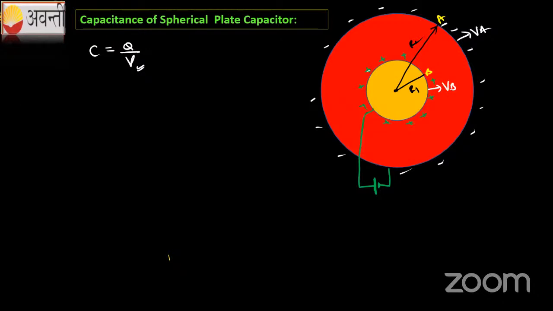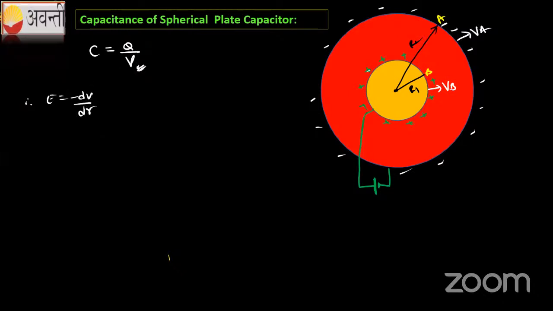We know one equation: E is equal to minus dV by dr. Sorry, it's my mistake. No problem. Relation between electric field intensity and the potential: E is equal to minus dV by dr. Now we can solve the potential difference.